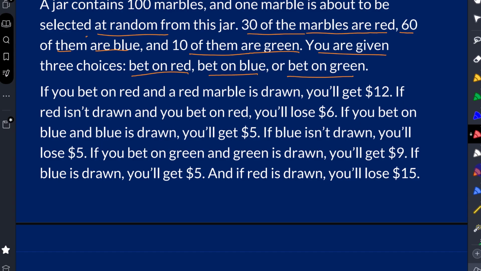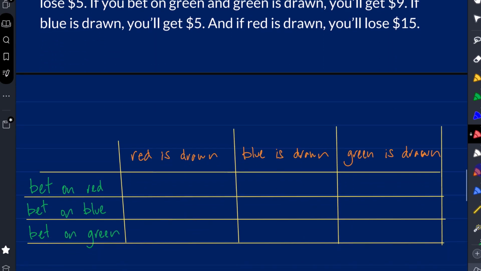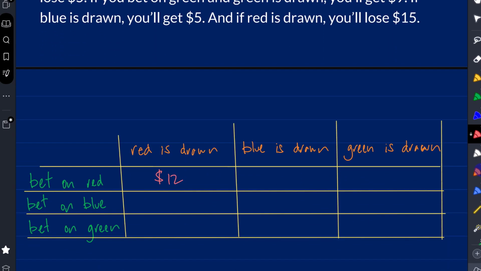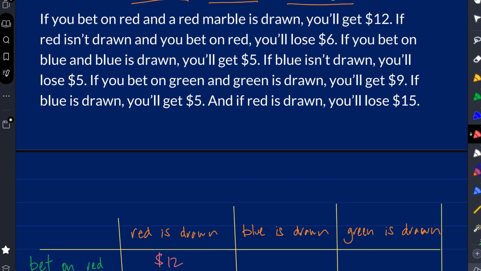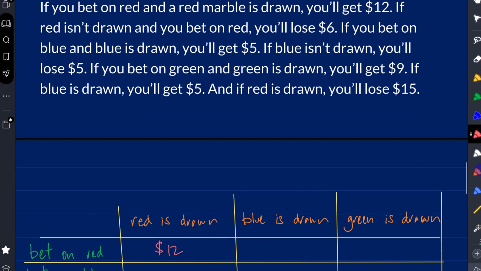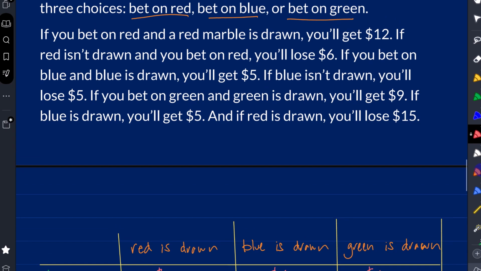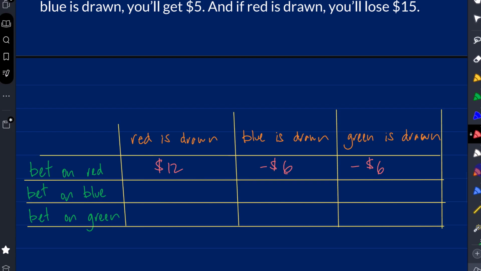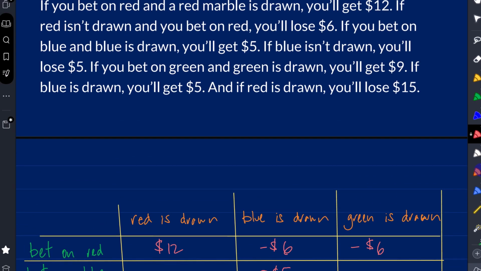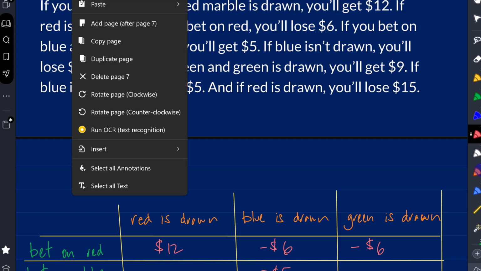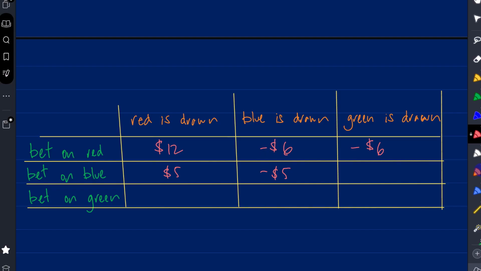Okay, if you bet on red and a red marble is drawn, you get $12. If red isn't drawn and you bet on red, you lose 6. If you bet on blue and blue is drawn, you get 5. If blue isn't drawn, you lose 5.